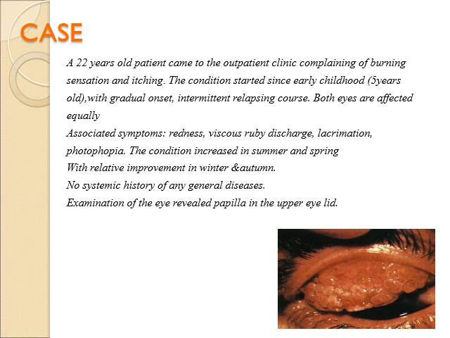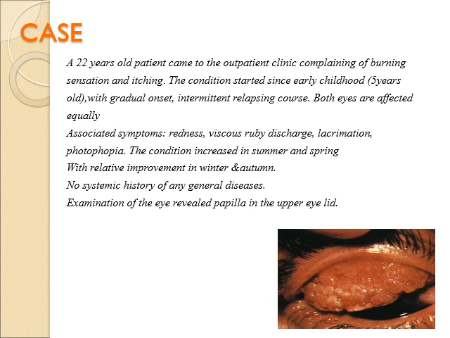Another case. A 22-year-old patient came to the outpatient clinic complaining of burning sensation and itching. The condition started when he was 5 years old, with gradual onset and intermittent relapsing course.